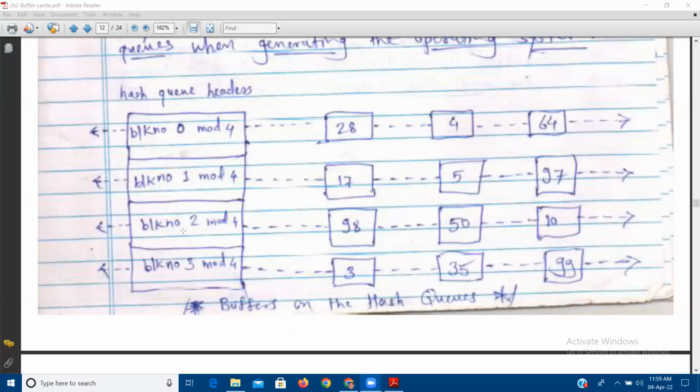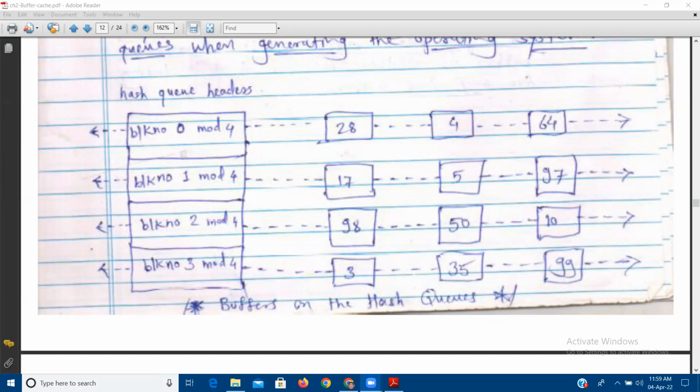In the same fashion, block number 2 mod 4: 98 mod 4 remainder will be 2, 50 mod 4 remainder will be 2, 10 mod 4 remainder will be 2. In the same fashion, 3 mod 4: 35 mod 4 remainder will be 3, 99 mod 4 remainder will be 3.